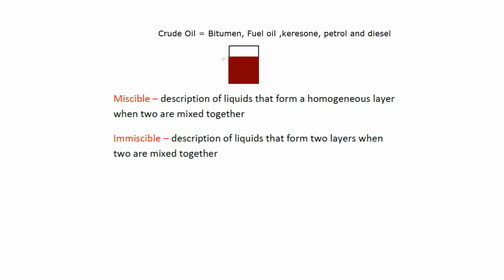When it is appearing as one substance, we call that mixture a miscible liquid. But when oil is mixed with water, it appears as two separate layers, so we know which region has water and which region has oil. It does not mix, and we call them immiscible liquids.